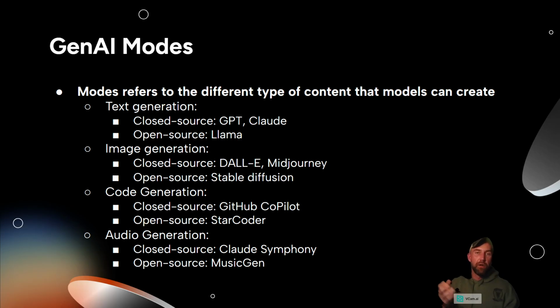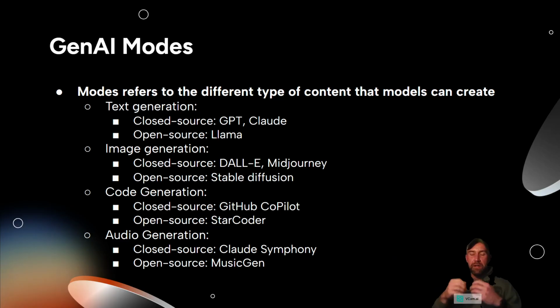Another mode is code generation. These are for developers. These models are trained on software coding projects or development projects. So they've been trained on many lines of programming code, and so they can help developers write code. GitHub Copilot and StarCoder are examples.